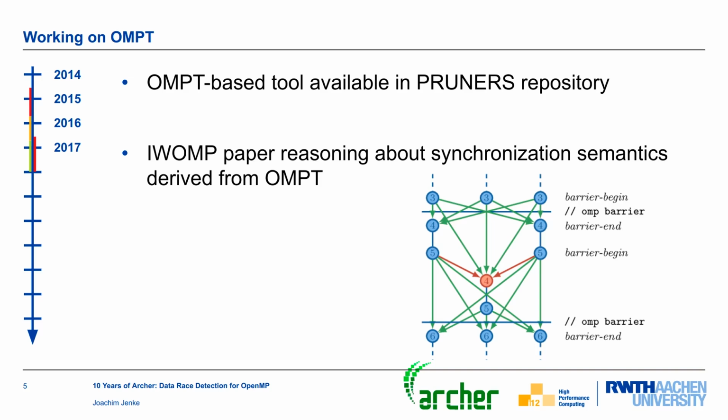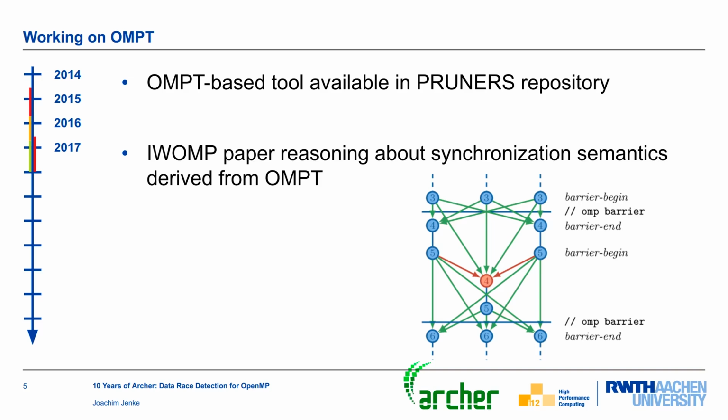In the same year, we presented at IWOMP a paper where we argued that the synchronization semantics that we can derive from OMPT events are sufficient to do the data race detection in Archer.